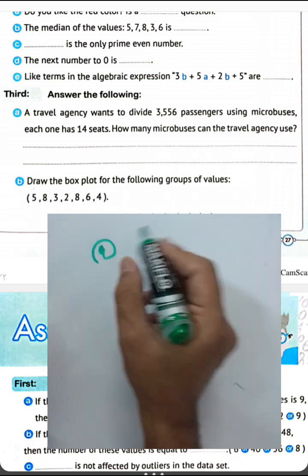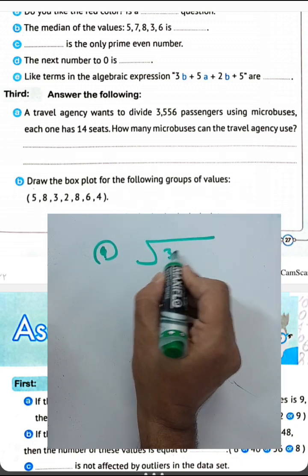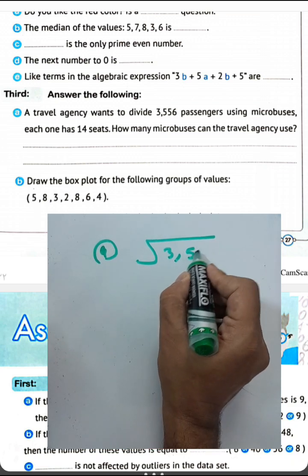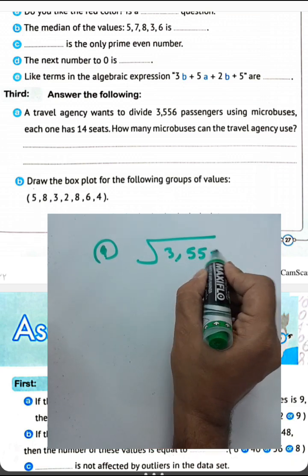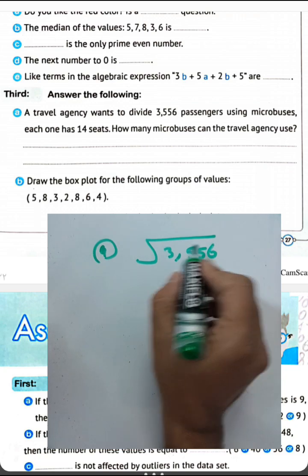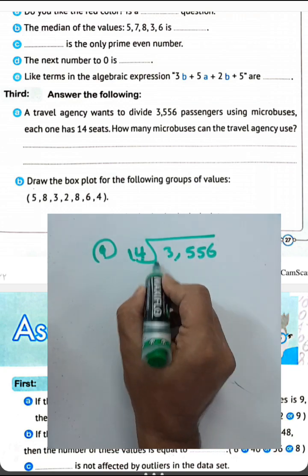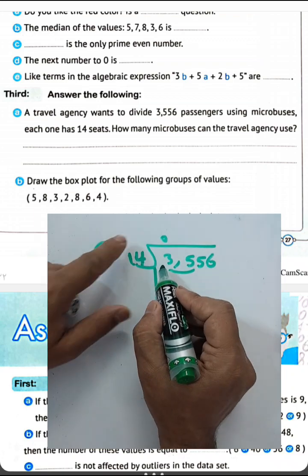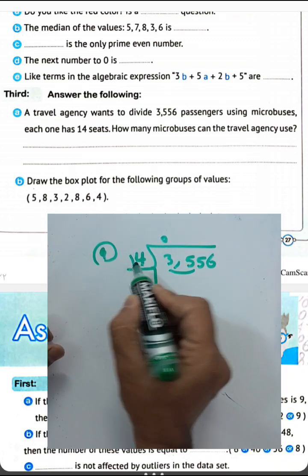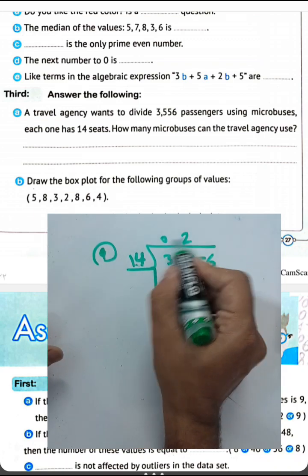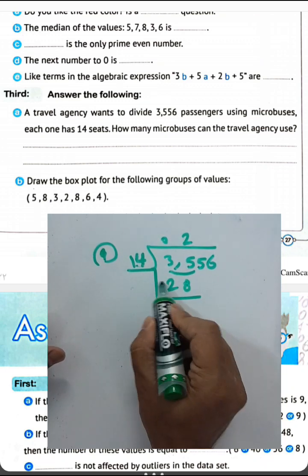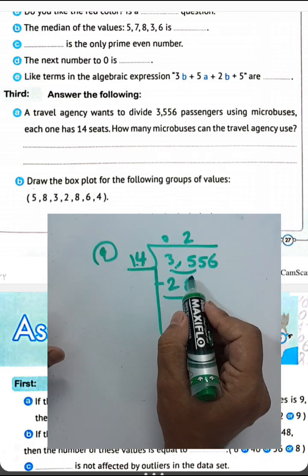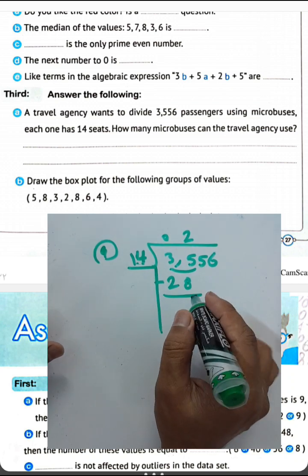We have 3,556 divided by 14. 3 divided by 14, we can't do it. 35 divided by 14, we can. So you must write 2 here. 2 times 14 equals 28. 35 minus 28 equals 7.